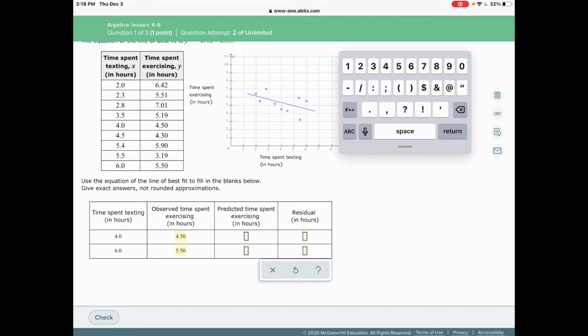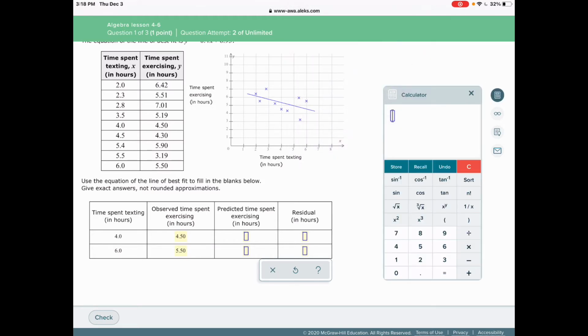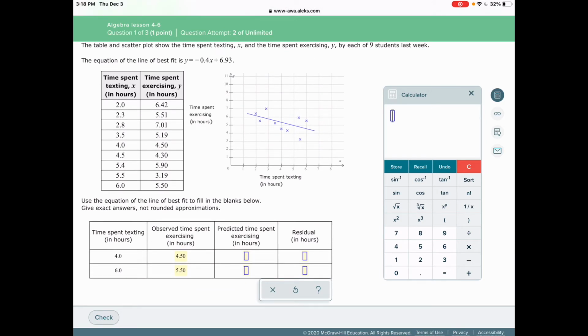The line we have drawn through there is for the purpose of predicting things. So I'm going to pull up the calculator here, and I'm going to use my equation that you can see up there, y equals negative 0.4x plus 6.93. The calculator did that for us, and we are going to plug in 4 hours and see what it predicts.